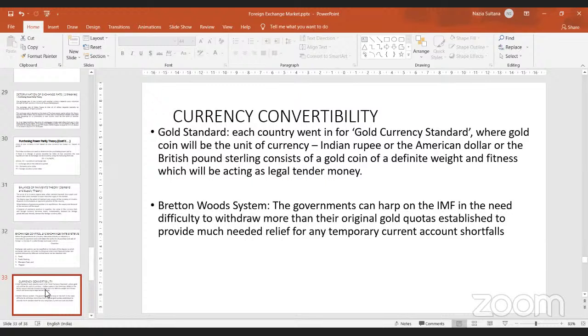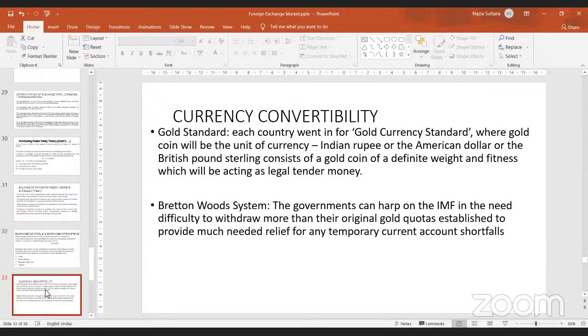Then after this came the Bretton Woods system, where the governments took help of the International Monetary Fund, IMF, in order to withdraw any money which was identified as a quota against a particular country.